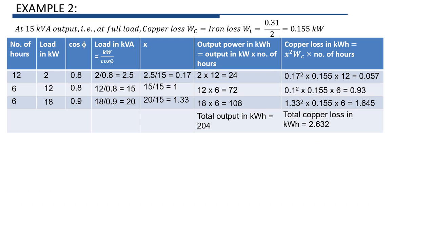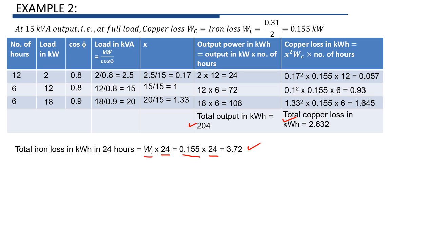Let us now calculate the iron loss in 24 hours. So total iron loss in kWh in 24 hours is Wi into 24. Wi is 0.155 multiplied by 24, it is 3.72 kilowatt hour. Now we know the total copper loss, total iron loss, and total output in kilowatt hour.